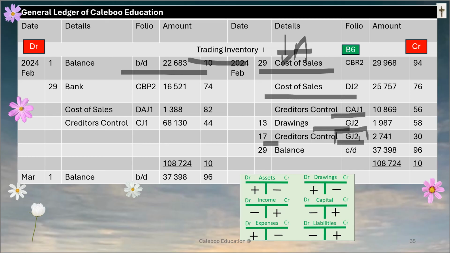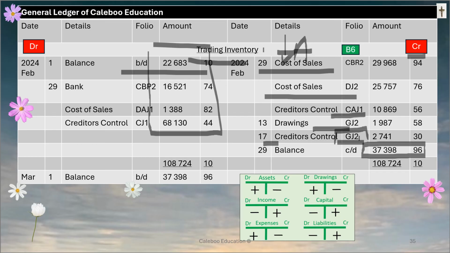But for balancing this account here, you need to add up the debit side, and you need to make the two sides equal by adding to the smaller side, the credit side, the difference between the debit side and the credit side entries.